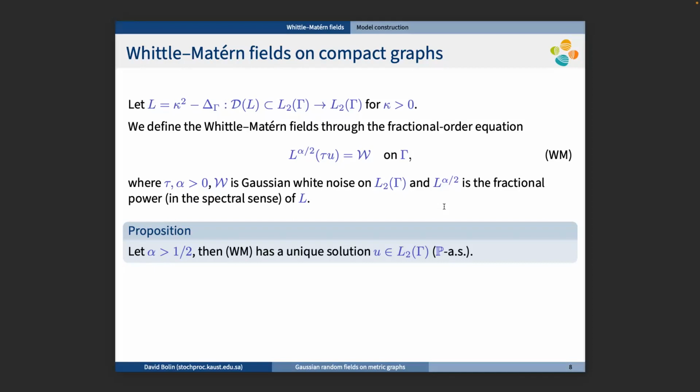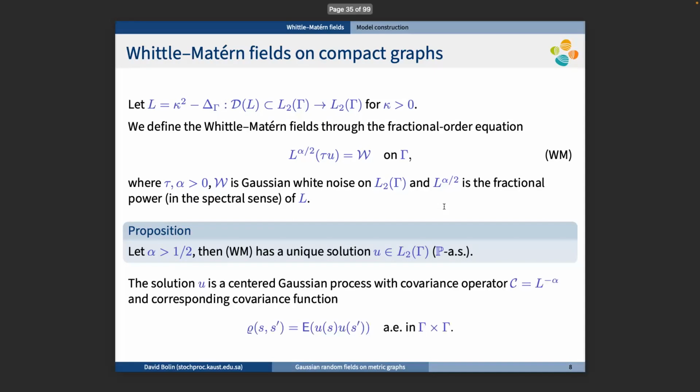We have a unique solution that is in L2 as long as the smoothness parameter alpha is at least a half. And this solution then is in fact just a centered Gaussian random field, with covariance operator L to the power of minus alpha, and it has a corresponding covariance function that we can denote by rho.